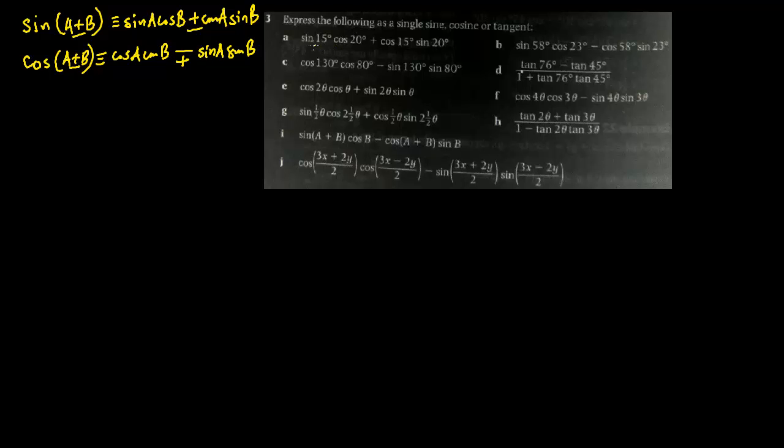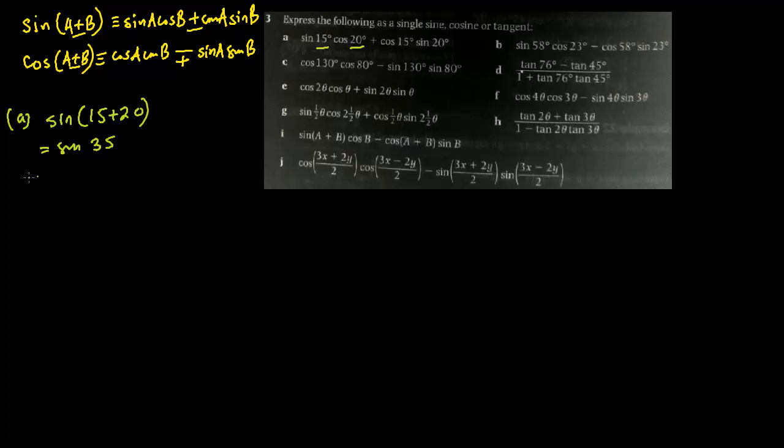So let's take a look over here. Now the first one is sine 15 cos 20. Sine cos, cos sine. One is A, the other is B. So that means sine A plus B, which is sine 35.